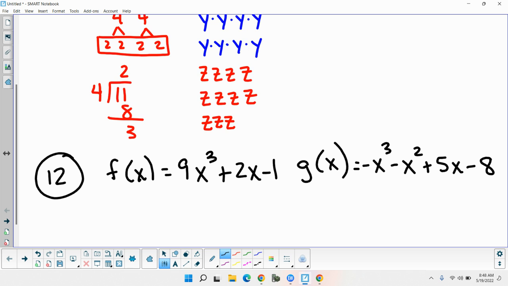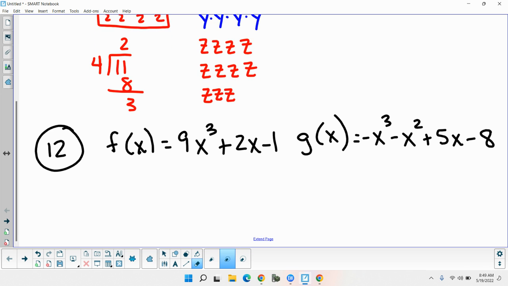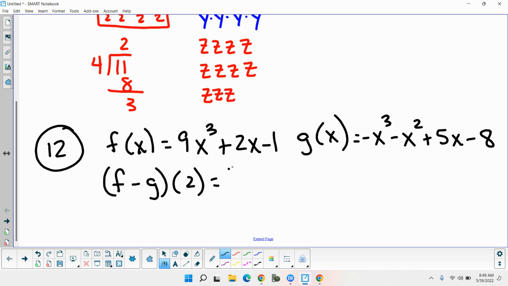All right, so we have those 2 functions, and we're supposed to figure out this problem. F minus g of 2, right? That's what we're trying to do.